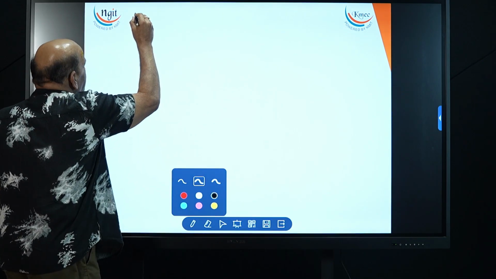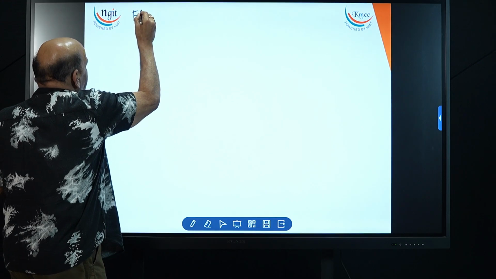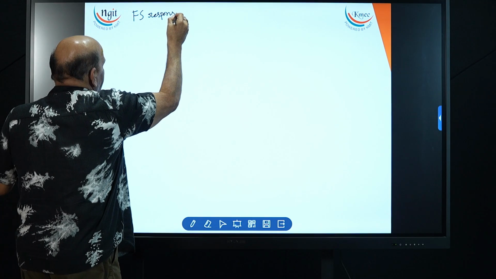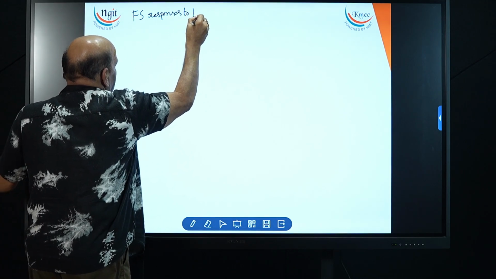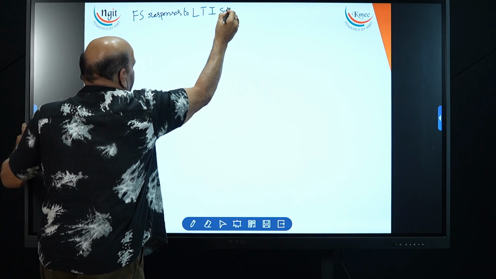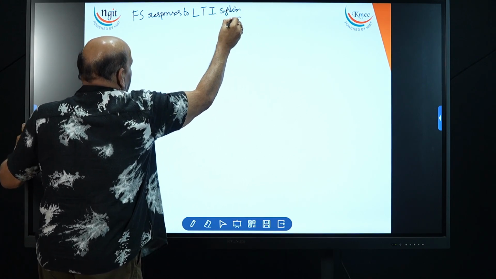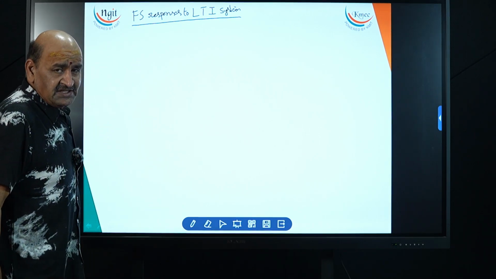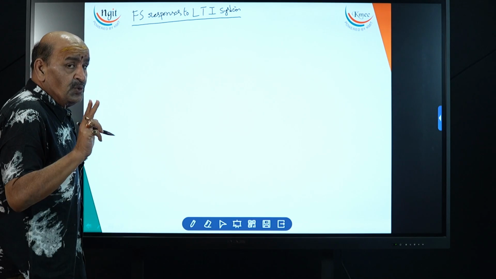Now, Fourier series response, or responses of linear time invariant systems. In the first unit, we discussed that a system is said to be linear time invariant if it satisfies two conditions.